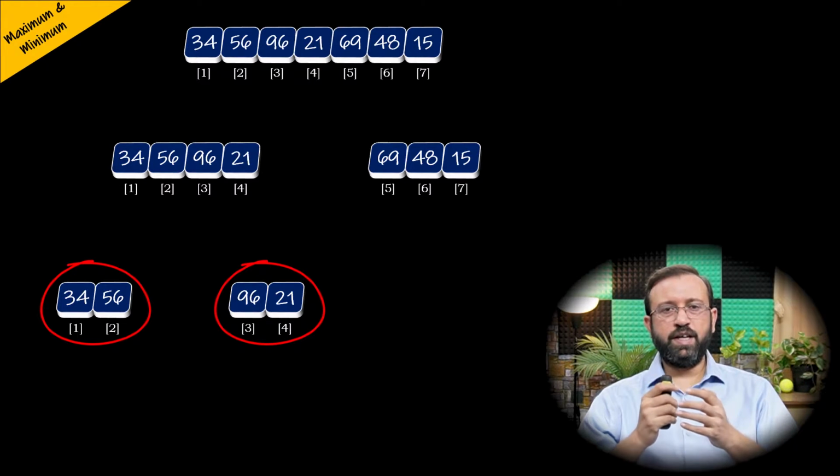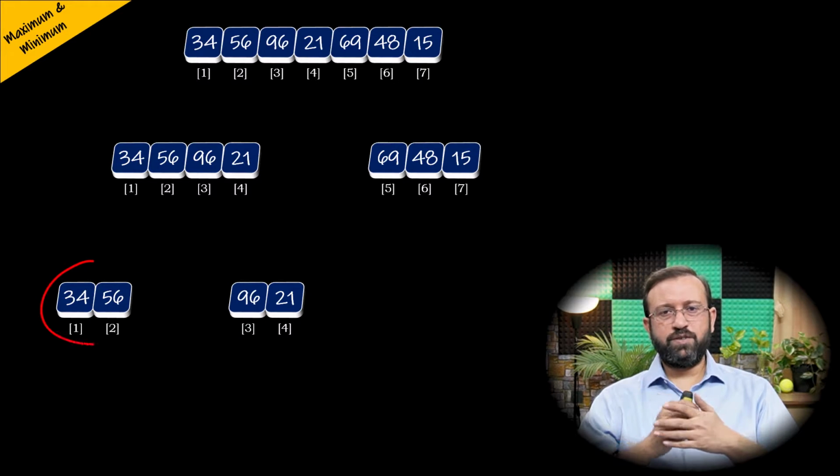We can easily compute which element is maximum and which is minimum by comparing the 2 elements. That is, if the first element is minimum, then the second element will be maximum, or vice versa. So when there are 2 elements in the subarray, the problem is small and the solution of finding the maximum and minimum can easily be computed.